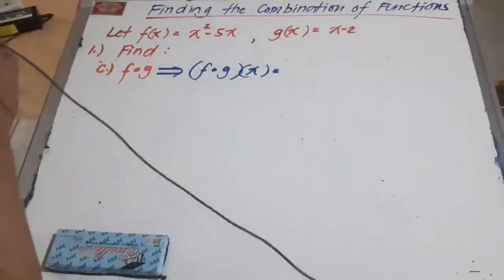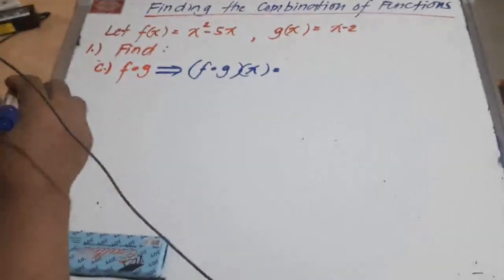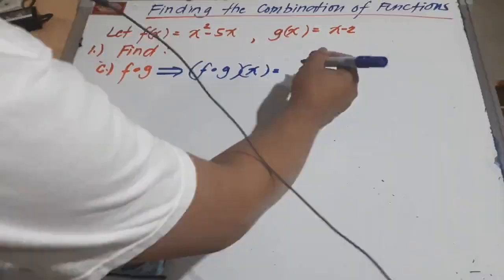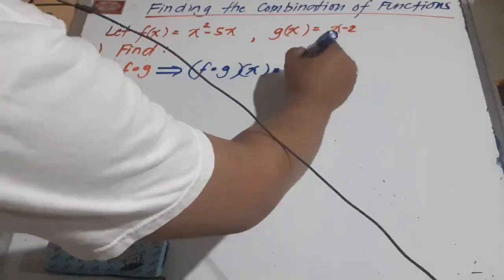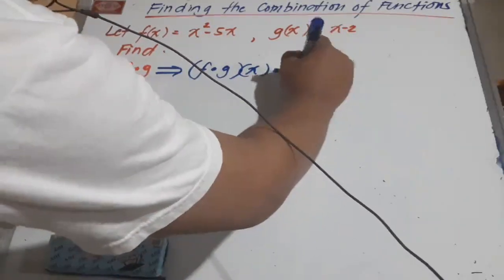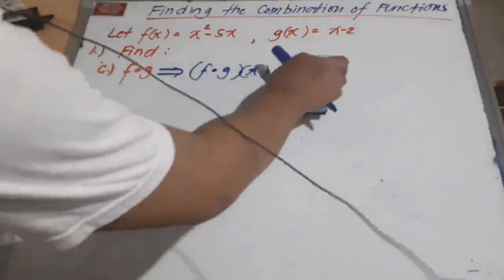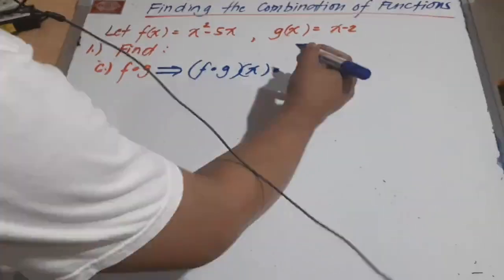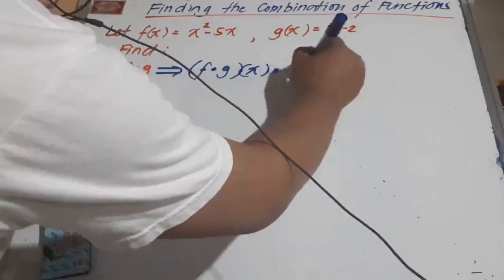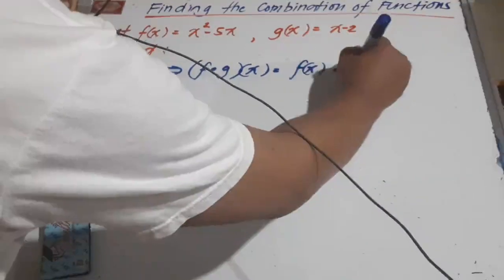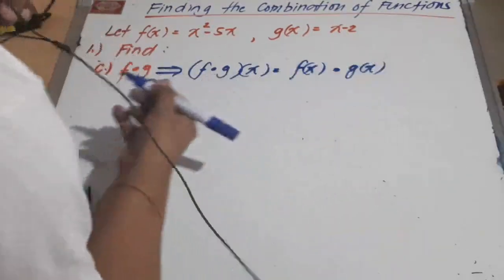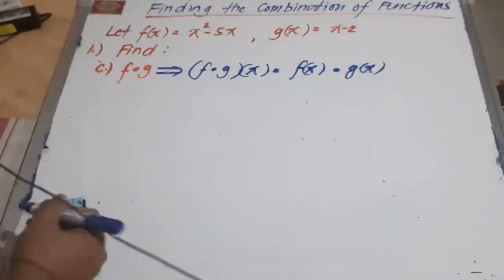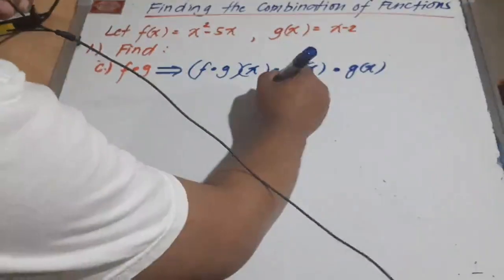So how to determine the product of these functions? So, ganun din lang, para lang tayo nagmumultiply ng algebraic expressions. So that is f of x times g of x. Okay?